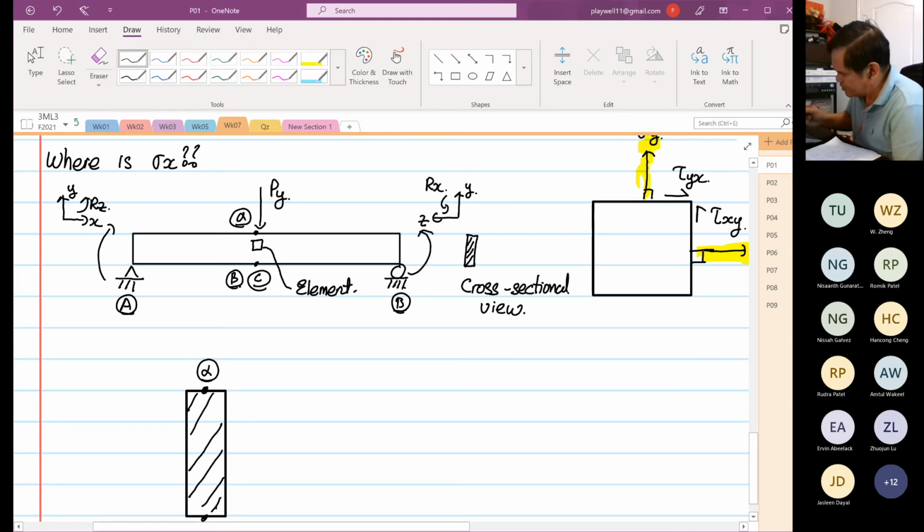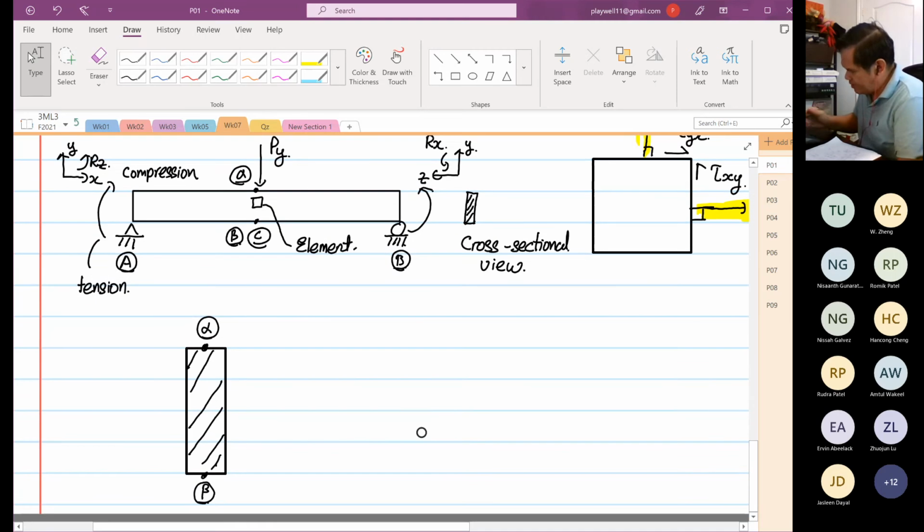So this is compression. This is tension. So now we are aware that the top is compression, bottom is tension.